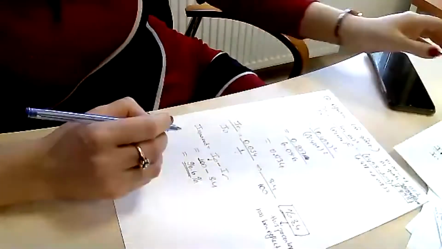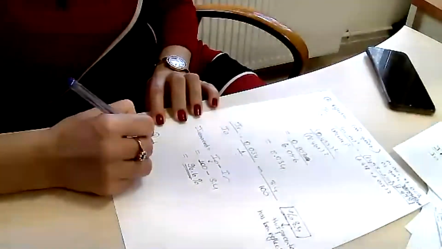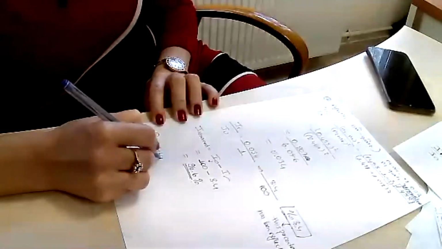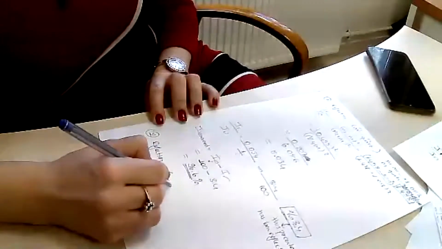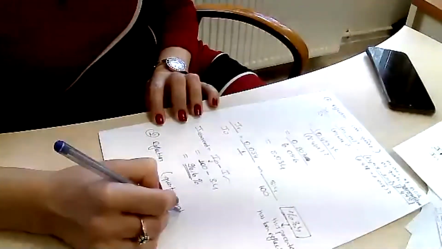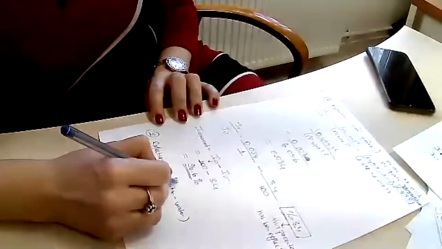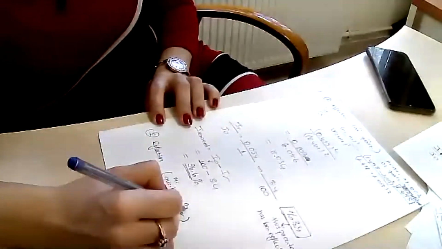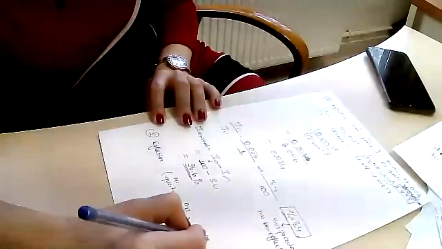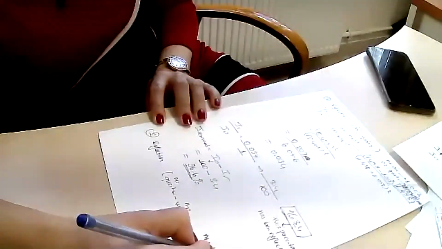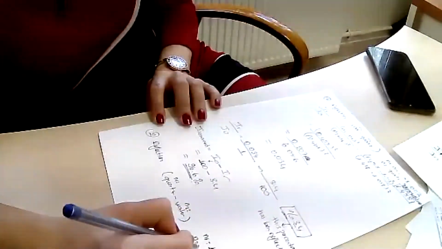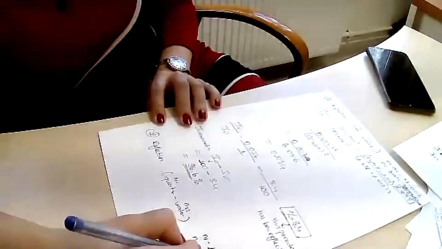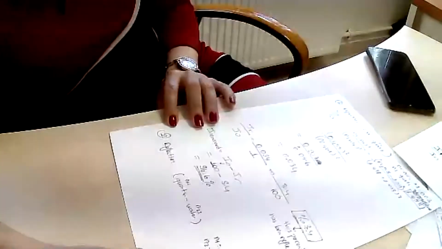What about the second reflection? The second reflection occurred at the quartz-water interface. So N1 is quartz, N2 is water. N1 is 1.458 and N2 is water, 1.333.